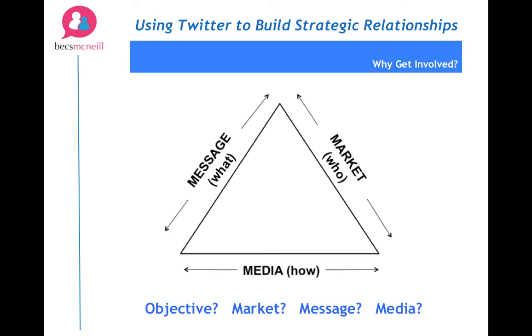Are you looking to use it for research purposes? Are you using it to act as a customer service outlet? What is your objective for using Twitter? Because then it means you're going to use it quite differently. So get that clear in the first place, then at least you will have some kind of focus and purpose to make sure that you're using it properly.